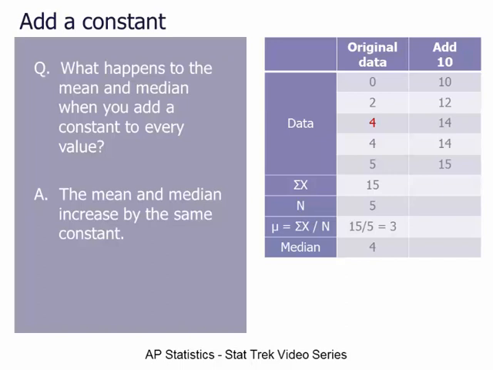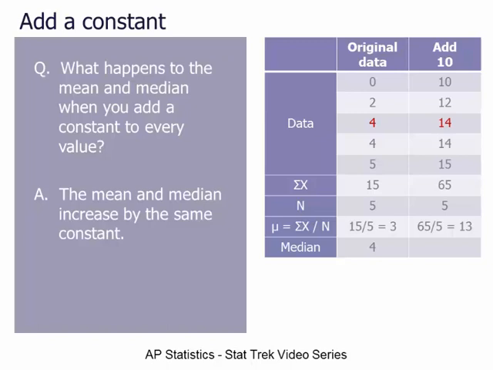Sigma x is 10 plus 12 plus 14 plus 14 plus 15, which equals 65. The new data set still has 5 values, so n is equal to 5. Given sigma x and n, we can compute the mean of the new data set, which is 65 divided by 5, or 13. And finally, we observe that the median of the new data set is its middle value, which is 14.